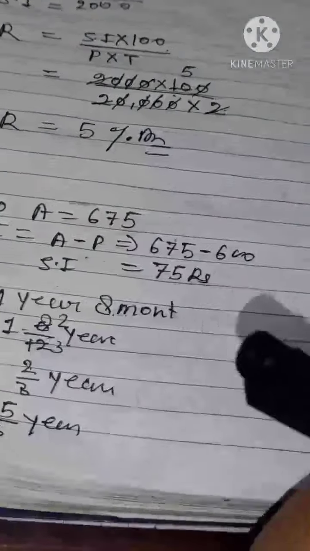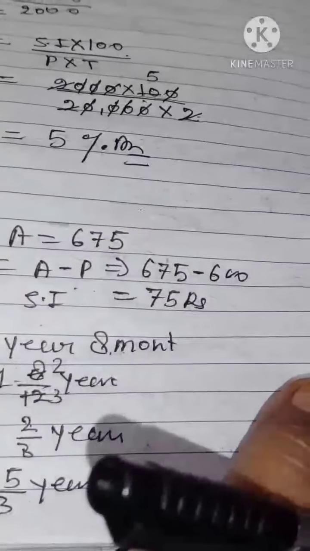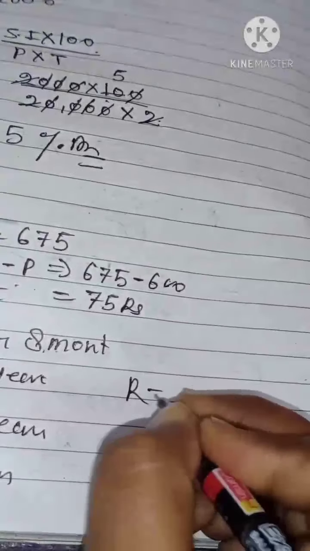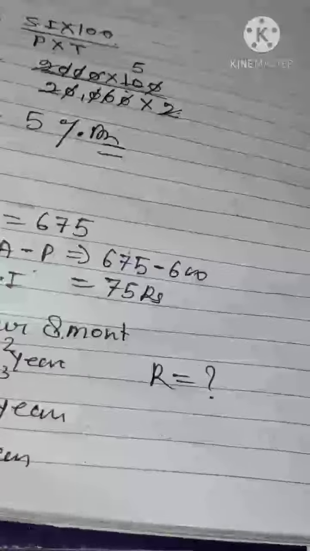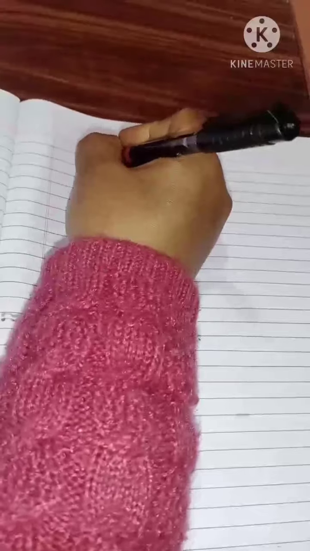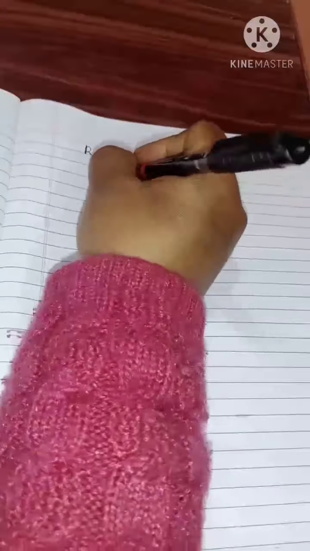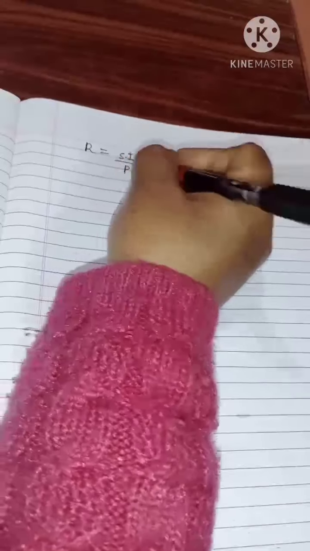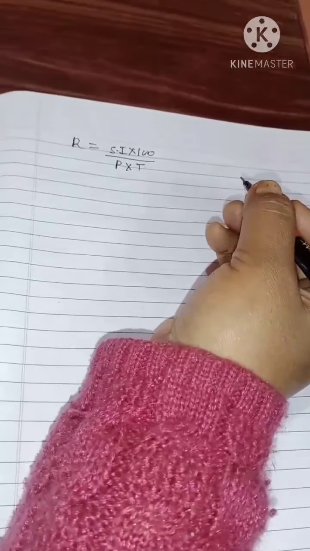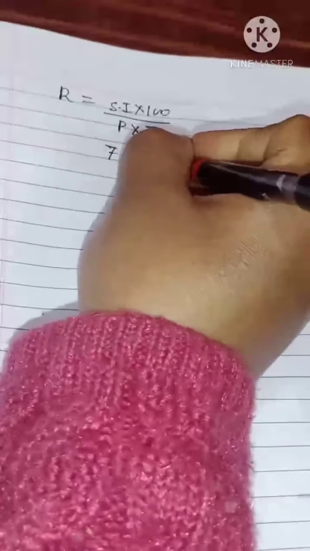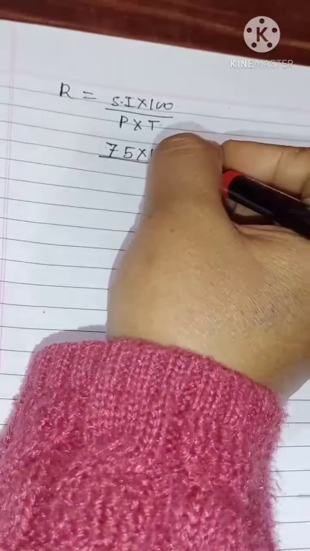Okay, now see, which rate do you have to find? R is equal to what? Now apply the formula. R is equal to simple interest into 100 upon P into T. So R will be, the simple interest we just got, 75 into 100 upon P. We are given 600, and the time is 5 upon 3 years.